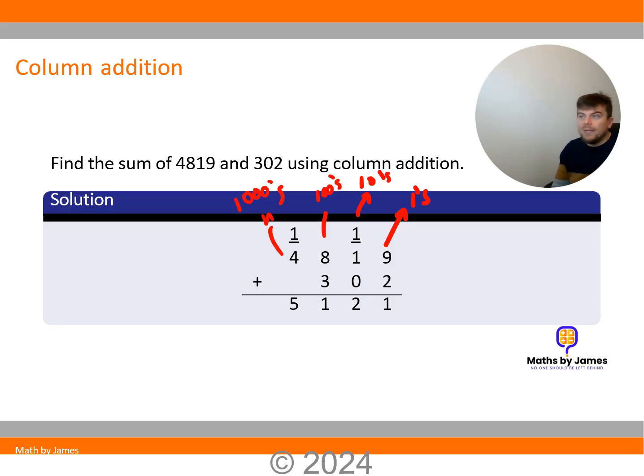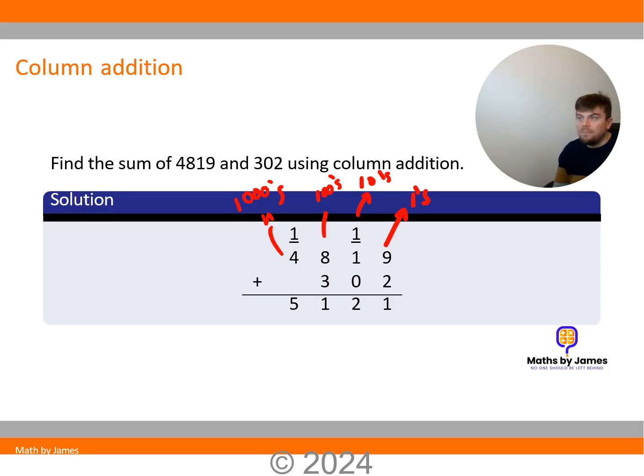So here we have 9 and 2 in the ones. 9 and 2 in the ones gives us 11. So we put 1 in the ones and then 1 in the tens to make 11. So now we count the tens, so we have 2 tens, and then we count the hundreds. The hundreds, we've got 8 plus 3, which is 11.